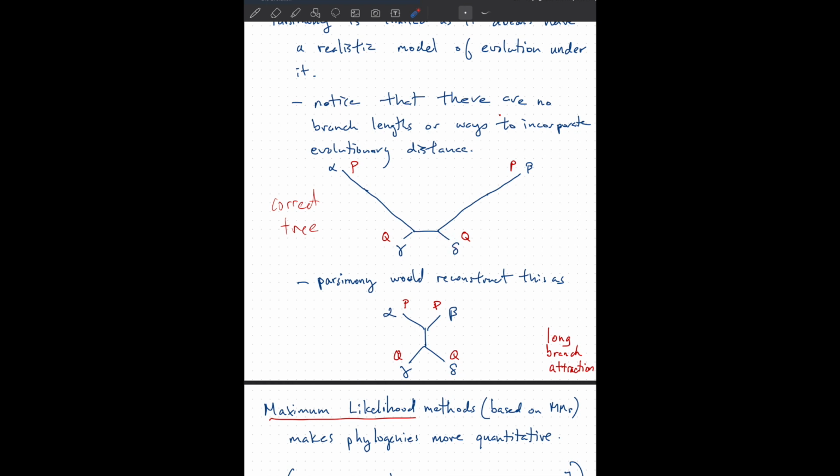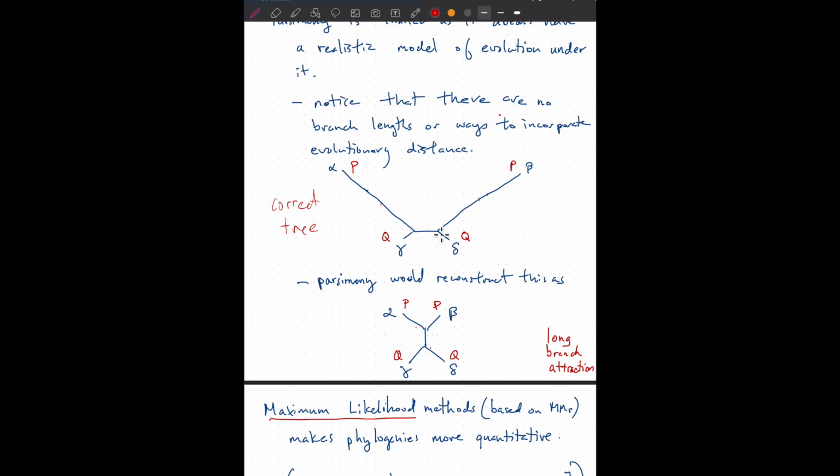And the same thing for delta. It hasn't had much evolution. So the problem is that parsimony will not favor this tree. It would favor this tree down here, because it would put a P here and a Q there, and the score would be 1. So to recap, we know that the rate of evolution does change over time.